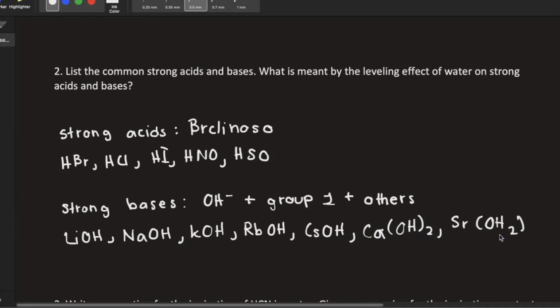SrOH2. Then I'll put right at the bottom here BaOH2.